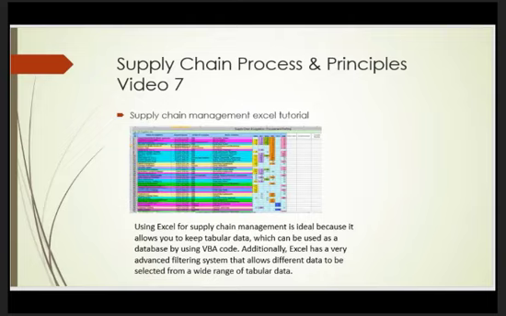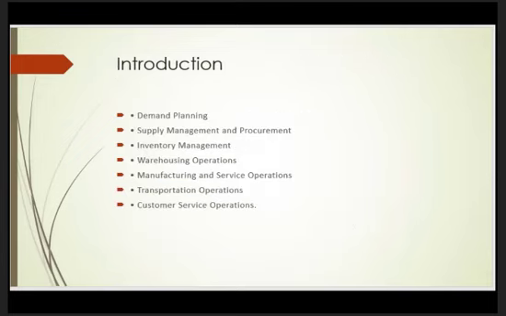So let's have a small and short introduction before the beginning of our first video, which will be the next video. Okay, so as an introduction, a supply chain is a network of people, processes, resources, and technologies in an organization that work collectively to produce products and services for an end user or customers.